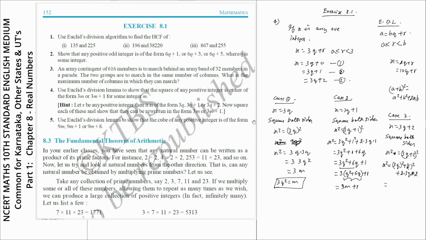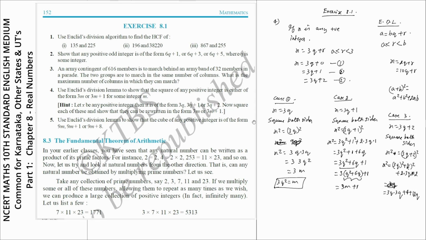So this is equal to 3q the whole square, I'll take 3q into 3q, plus 2 square is 4, plus 2 3s are 6, 6 2s are 12, 12q.